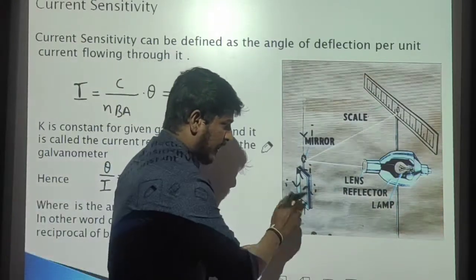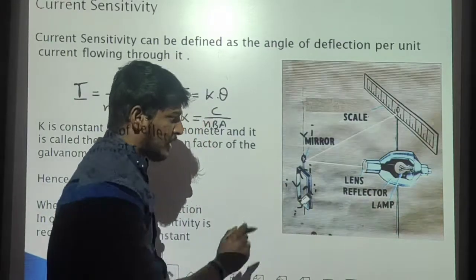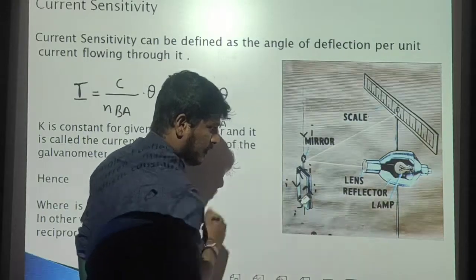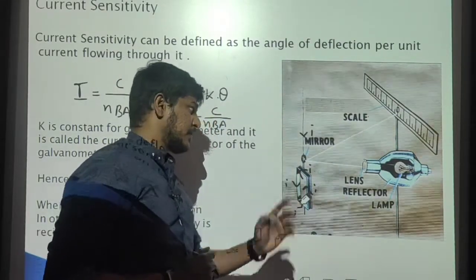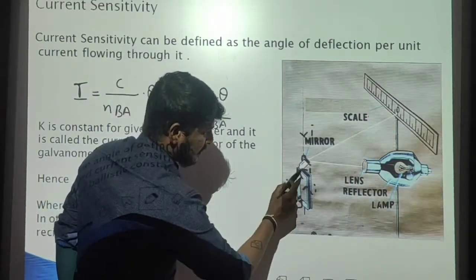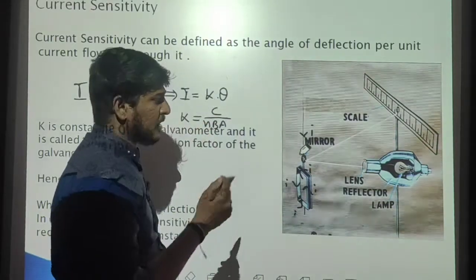In the presence of the magnetic field, when current I flows through the coil, it experiences torque. Due to this torque the coil rotates from its initial position. When the coil rotates, it produces a twist in the suspension strip.